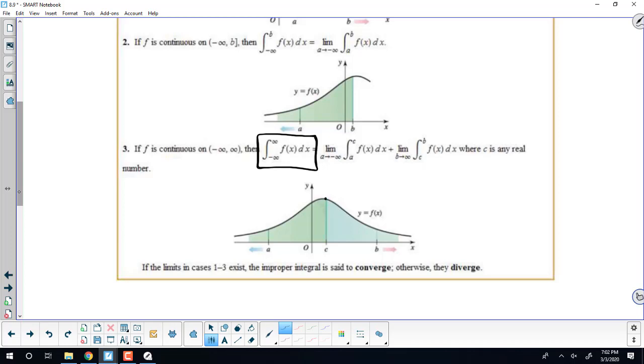So you find some value where the function is defined, and they call that c. And then you integrate from negative infinity up to c, and then c to positive infinity, and then you've got two improper integrals. So that turns into these two things here. But I don't think we have any of those in our homework or our quiz.